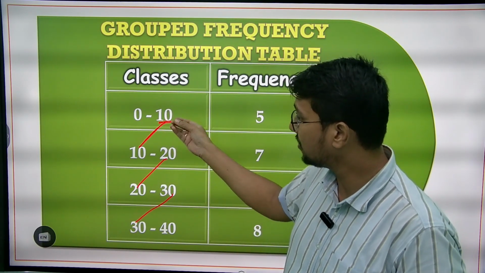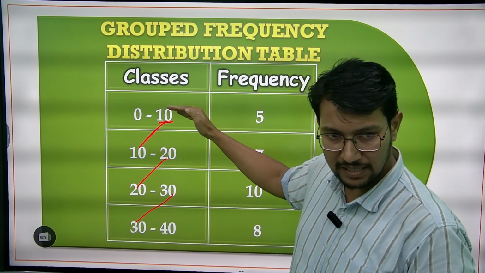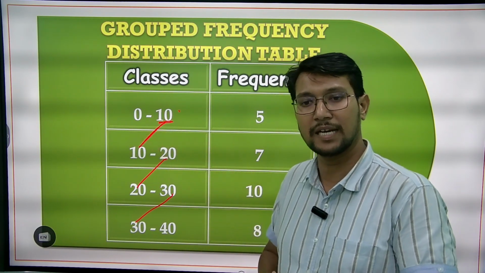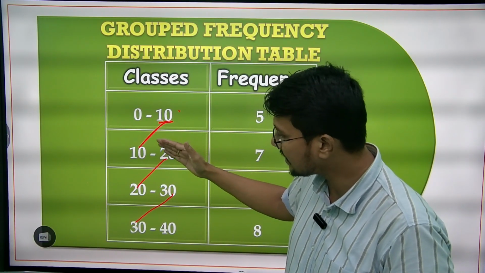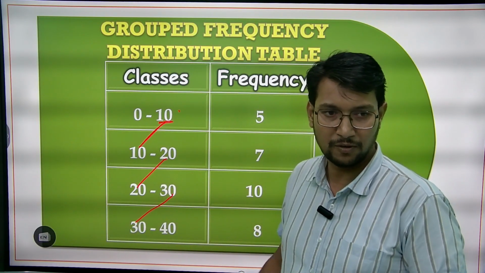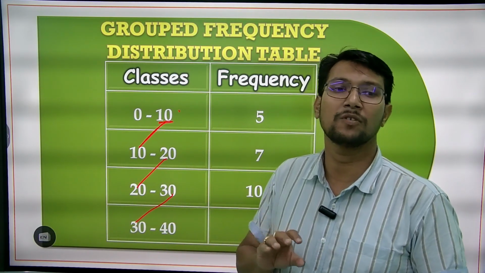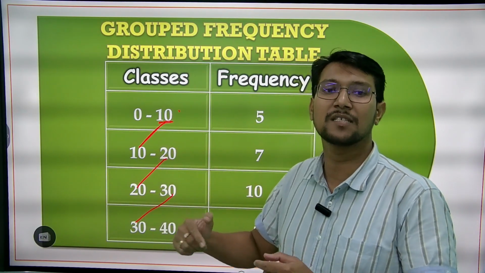When you see continuous, the upper class limit of first class is the lower class limit of second class, and the upper class limit of second class is the lower class limit of third class, and so on. If you are finding this type of numerical figures, then that is known as continuous. And if you are not finding, that is discontinuous.